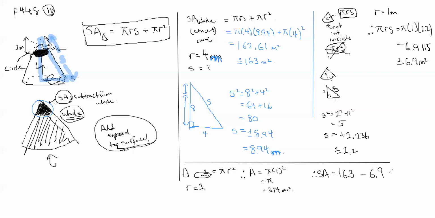And so, of course, because it's a new surface that I exposed, I have to add the area of that new surface. So 163 subtracted by the 6.9 added by the 3.14 is going to be 159.24 meters squared. The question asks for the nearest square meter, so it's going to be approximately 159 meters.